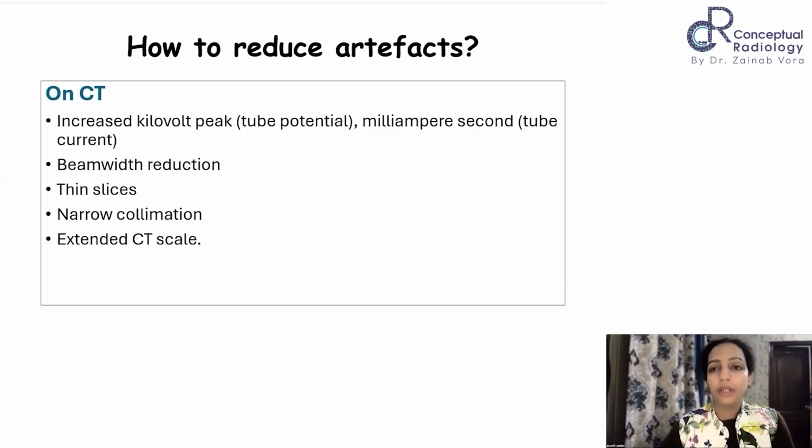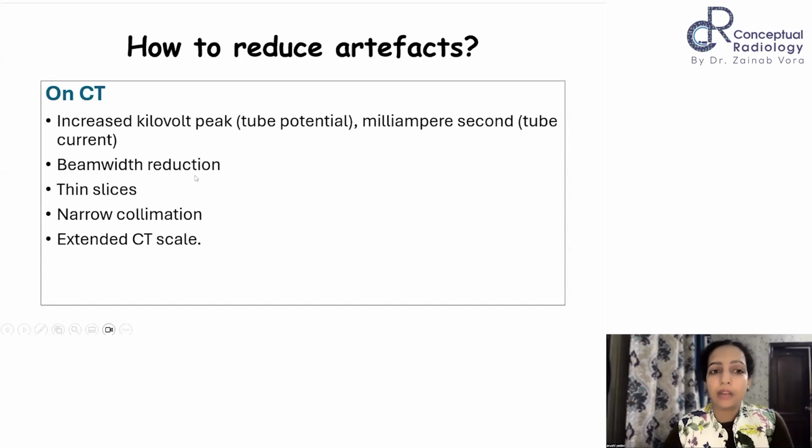So what could be done to reduce the artifact? Some machines have an already set pattern. Whenever you do, there is an artifact CT, artifact setting that they activate or they choose, and it automatically does this, right? So if it doesn't have, then you can modulate, you can change, like increase the kVp and the mAs.